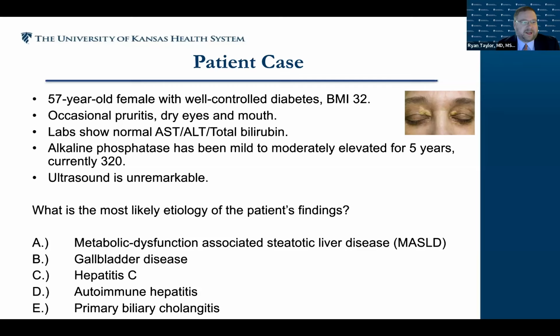So the most likely etiology of this patient's findings, next slide, would be PBC. If I was seeing a patient like this, it's appropriate to check an antimitochondrial antibody or make a referral to hepatology clinic for further evaluation. I'd be happy in the question and answer to talk more about why I would think this disease over the other diseases, if anyone has any questions on that. Next slide.